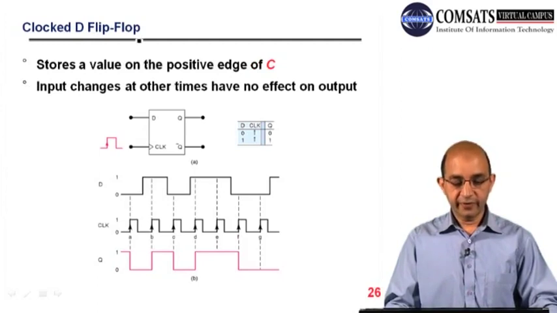Okay, so again, clocked D flip-flop. You can see the timing diagram. Again here we have the clock, and you can see the oscillations. This will continue forever.